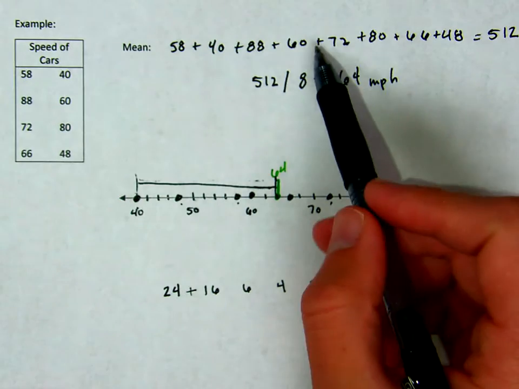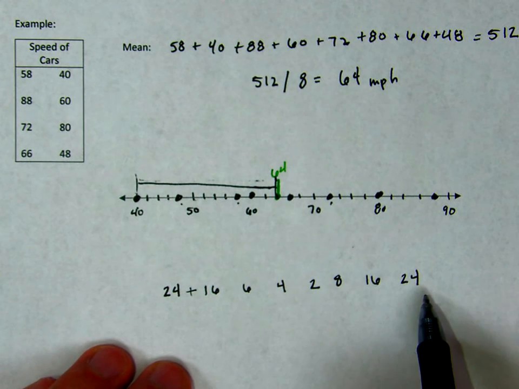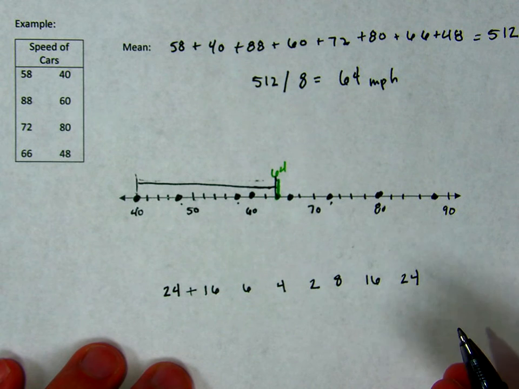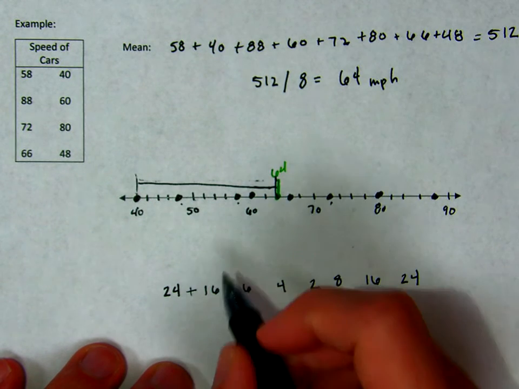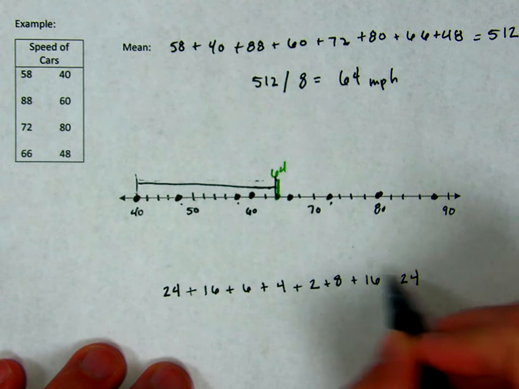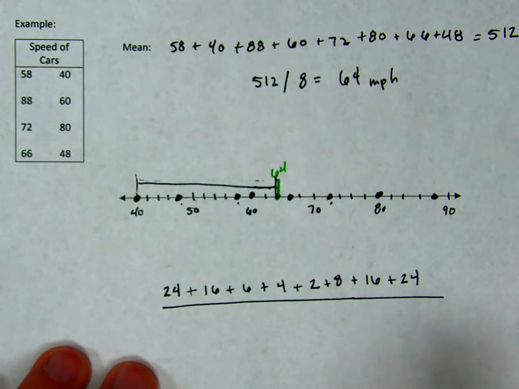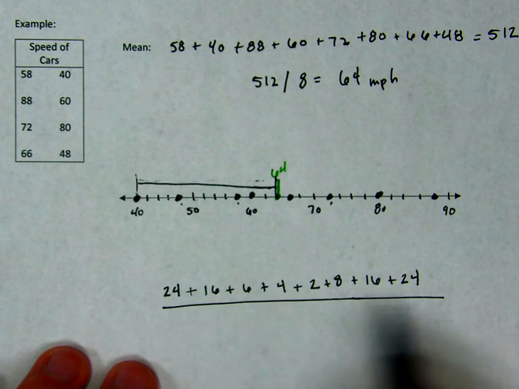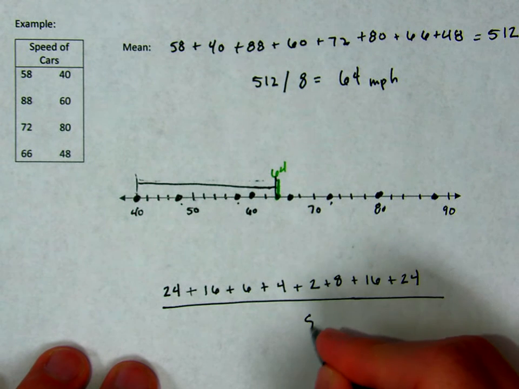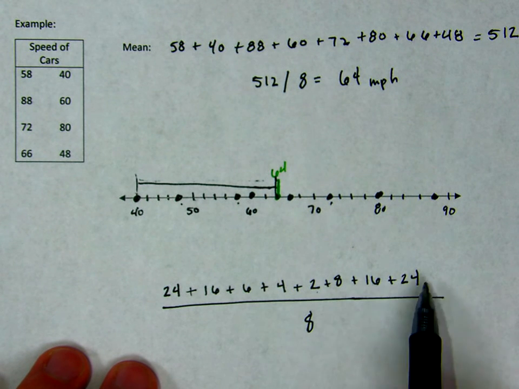Same situation as we did before to find the mean: you're going to add all your values up and then divide by the number of values you have. So 24 plus 16 plus 6 plus 4 plus 2 plus 8 plus 16 plus 24. You add all those up just like we did before and divide by the number of values you have, which is 8. 1, 2, 3, 4, 5, 6, 7, 8.